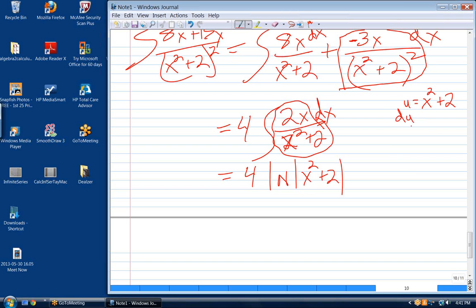So du dx would equal 2x. Well, we see that 2x dx right there, so we can substitute du for 2x dx. So this becomes the integral of du over u squared.